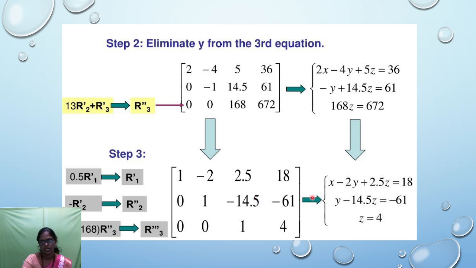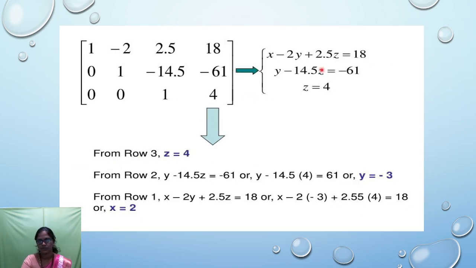What do we get? y minus 14.5 into, substituting the value of z as 4. So we get the value y equal to minus 3.